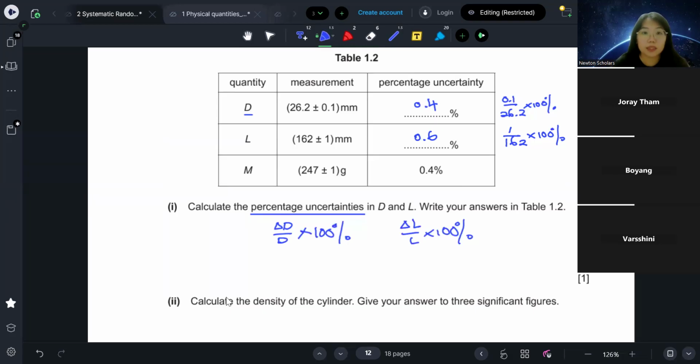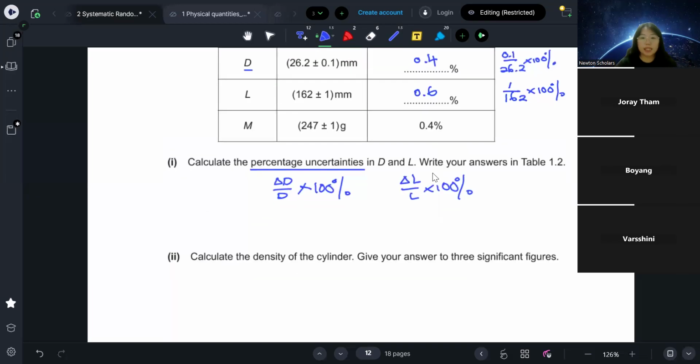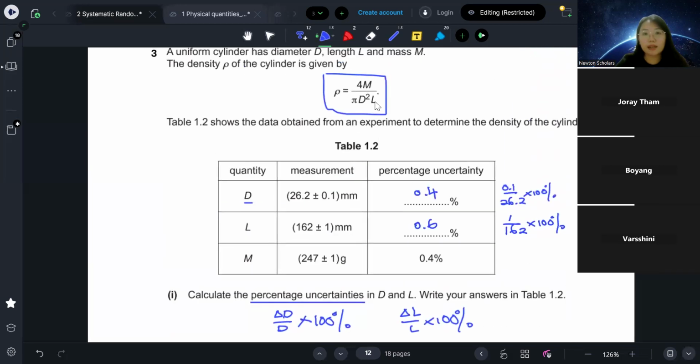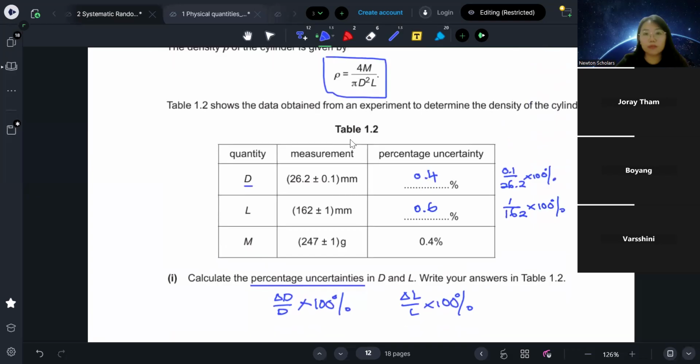Yes, okay. Like boys and girls, calculate the density. Give your answer to 3 significant figures. Density. So you just find out the value by using the formula.